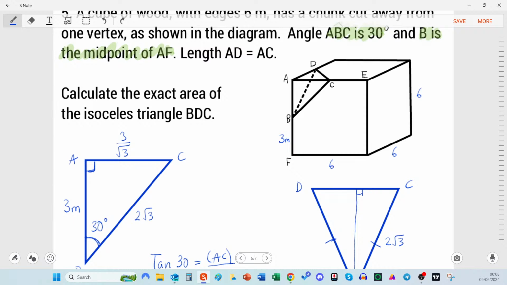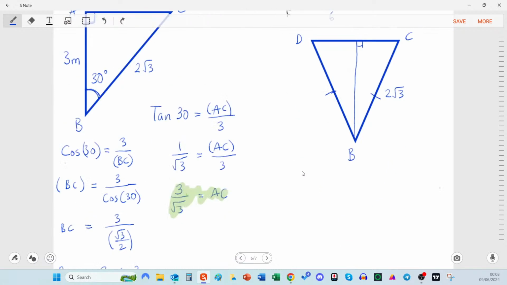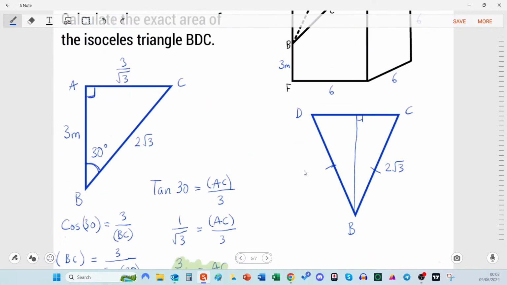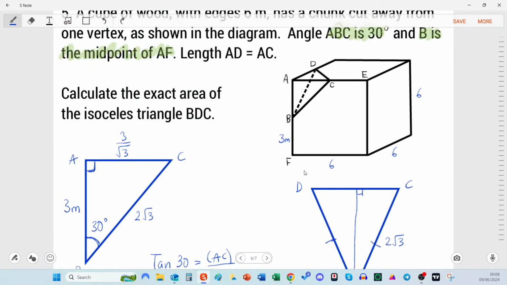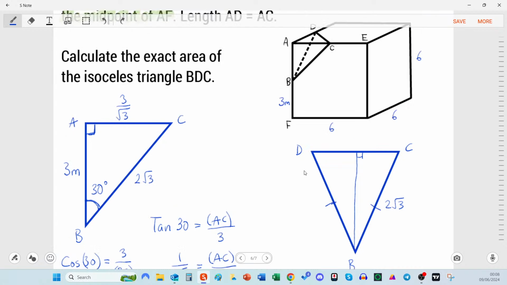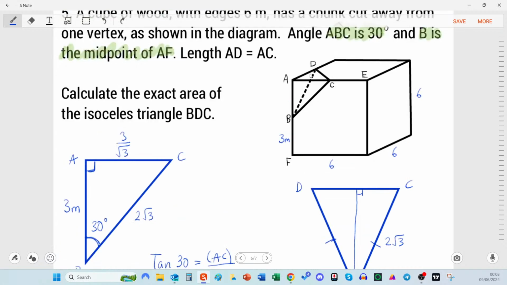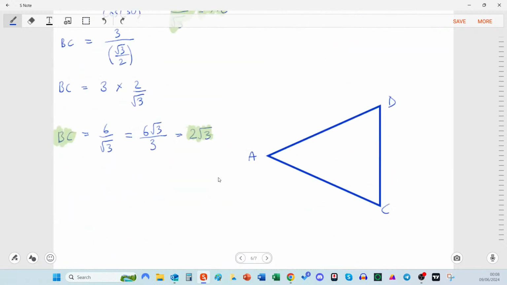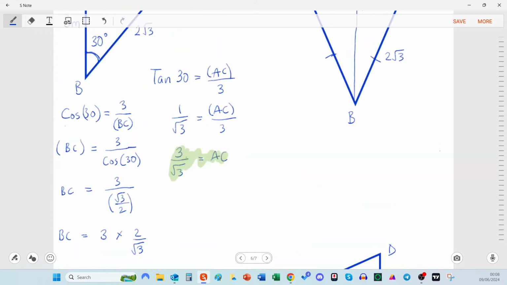Actually, not too sure if that's too important. Do I need to do that one? Yeah, I do, because I need to get to DC. Yeah, so what we have now is AC. So if we look at AC, this is an isosceles. AC was 3 over root 3.